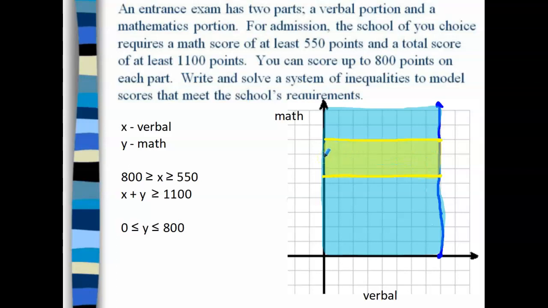And then our final requirement is that it's greater than or equal to 1100. So we're going to plot our intercepts. So 800, 900, 1000, 1100 would be up here.